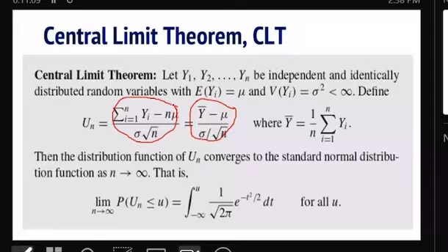The mean is going to be n mu. You remember when I have y1 plus y2 up to yn, and I take the expectation of the sum, what am I going to have? I'm going to have the expected value of y1 plus the expected value of y2 up to the expected value of yn. And what am I going to have if the expectation is the same? It's going to be n mu, right?